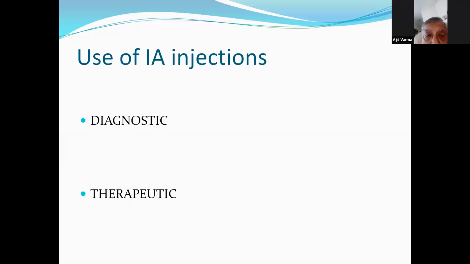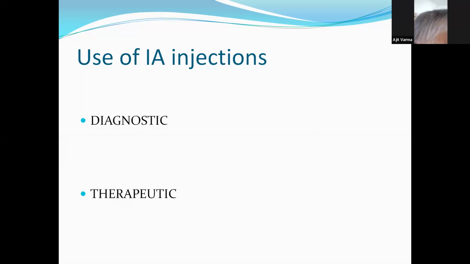Sometimes we need to go for intra-articular injection to the hip joint to rule out whether the pathology is inside the joint, intra-articular, or extra-articular. At that time it is very helpful as a diagnostic procedure, injecting some local anesthetic into the joint. Similarly, in the shoulder also, when you have a confusion whether the pain is arising from an intra-articular or extra-articular origin, that time also it sometimes helps in diagnosis.